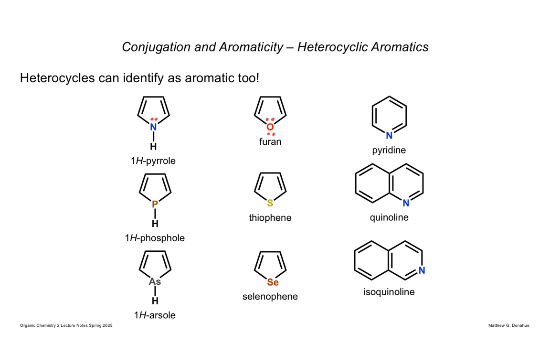You can have 6-membered nitrogen heterocycles, so pyridine, quinoline, isoquinoline. You can march that heteroatom around the ring. I think at the end of today's lecture, we're going to talk about these two a little bit in depth.